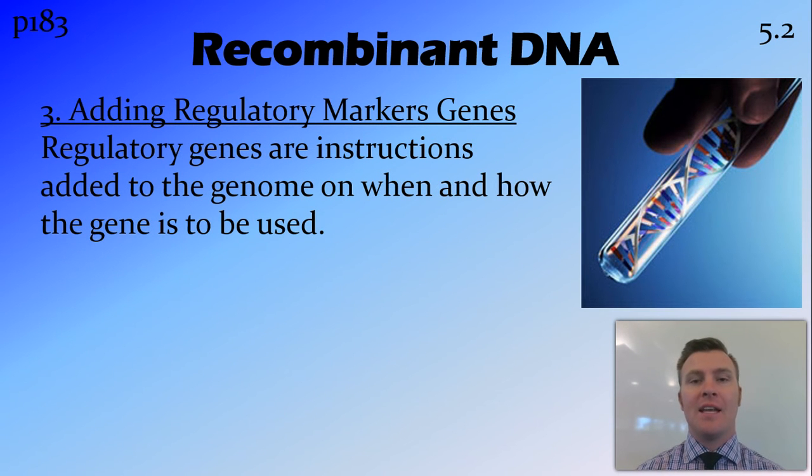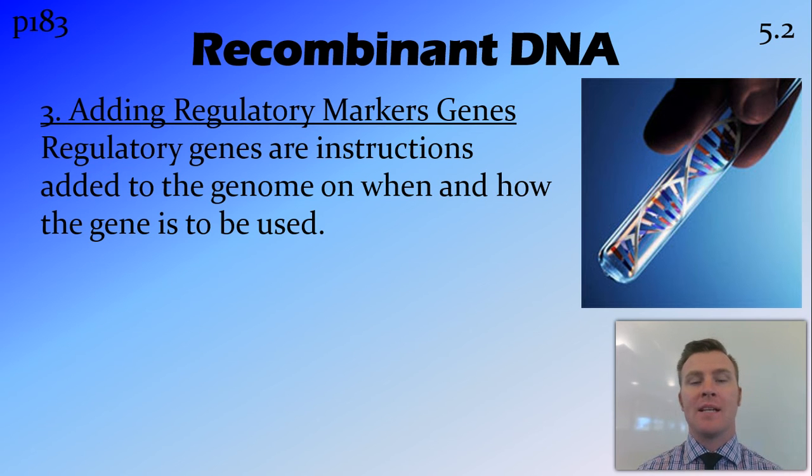Now, when a gene is transcribed, only the gene that codes for the protein is going to be transcribed. Around this gene, there are going to be regulatory genes, and these are the instructions on when and how that gene is to be used or expressed.